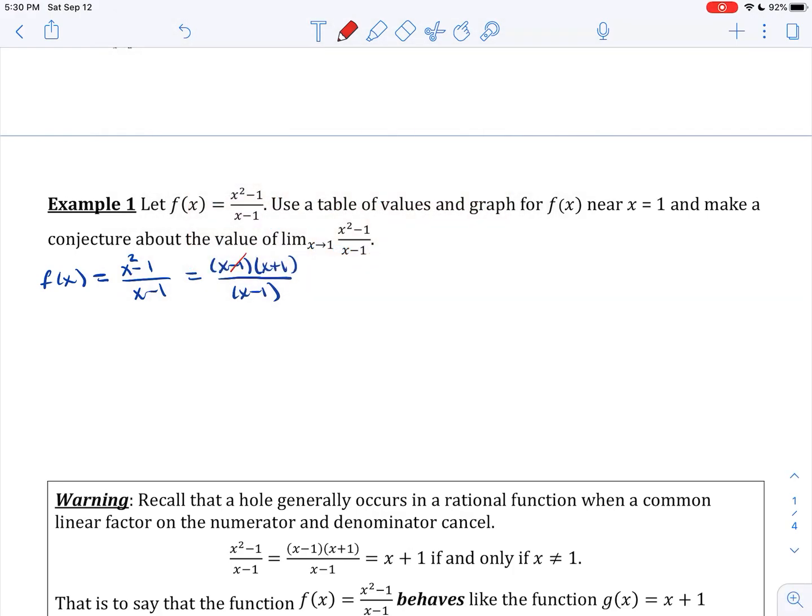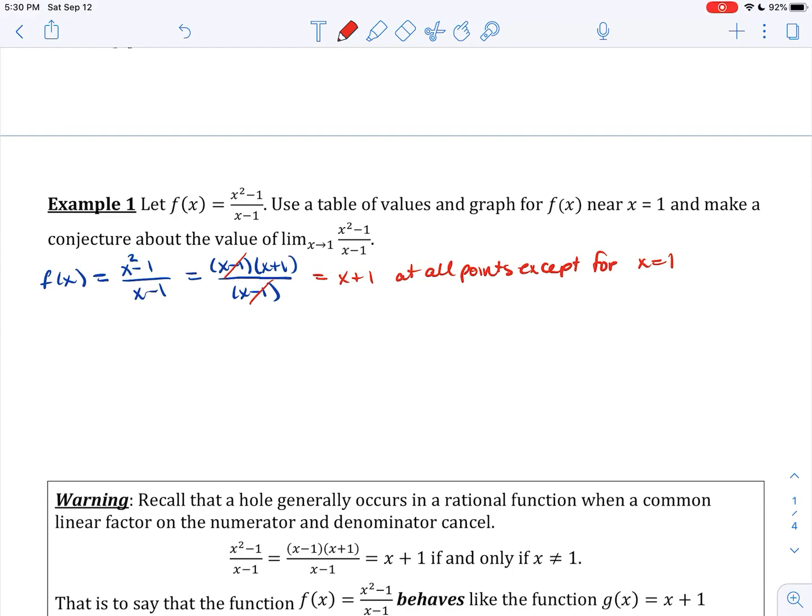I can cancel the x minus 1, and this function is equivalent to x plus 1 at all points except for x equal to 1. At x equal to 1, that function is undefined by the way that it is expressed. So we can graph it, and for all other values of x, the function has equivalent output.